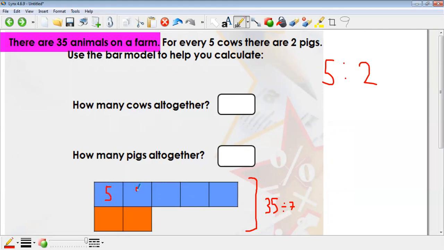So each of our blocks is 5, 10, 15, 20, 25, 30 and 35. So how many cows altogether? The cows are these ones here. So I've got 5 5s, which would be 25, and then 2 5s for the pigs, 10.